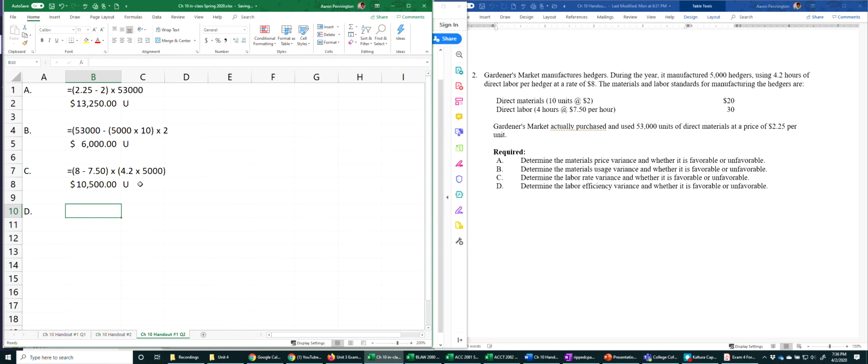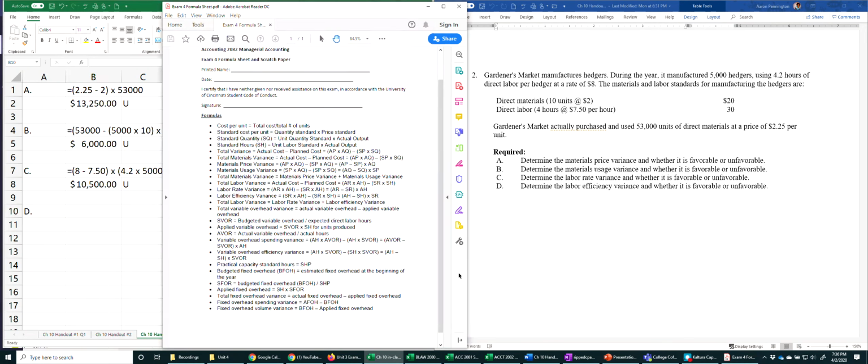And for D, labor efficiency variance. So we can refer to our formula there. That is actual hours minus standard hours times your standard rate.